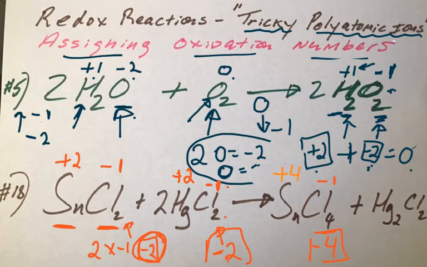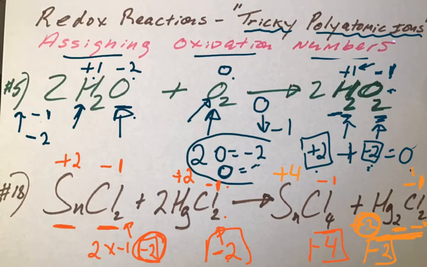So let's move on over here now. We have to be careful here, folks. We have 2 chlorines, each of them -1. What's 2 times -1? It's -2. If the negative side is -2, what plus -2 gives me 0? +2. Now, we have to be careful. +2 is for how many mercuries, how many Hgs? 2 Hgs are +2.